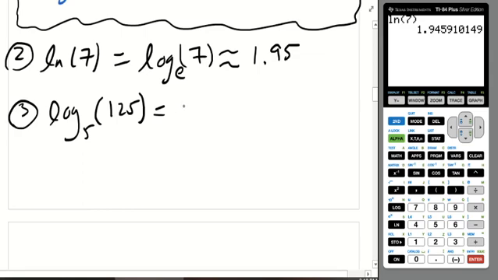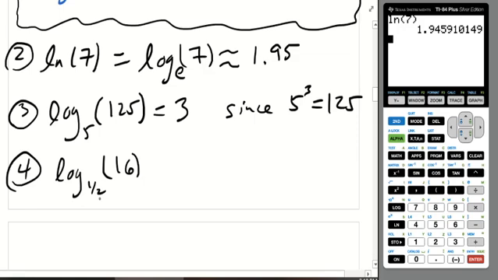But this is going to be equal to 3, since 5 to the 3 is 125. Or log base a half of 16, that's going to be -4, and that's only because 1/2 to the -4 is 16.